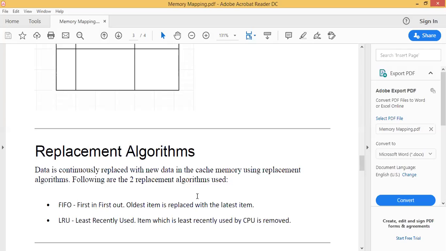Following are the two replacement algorithms generally used in page replacement: FIFO page replacement and LRU page replacement. FIFO, first in first out, means the oldest item is replaced with the latest item. In LRU page replacement, the item which is least recently used by the CPU is removed from the memory.